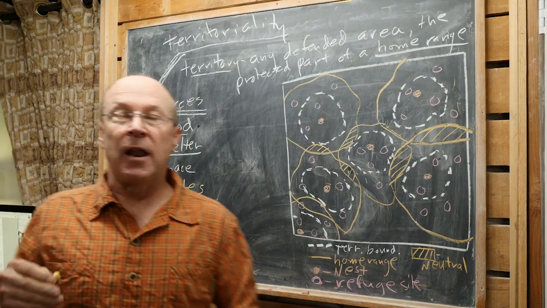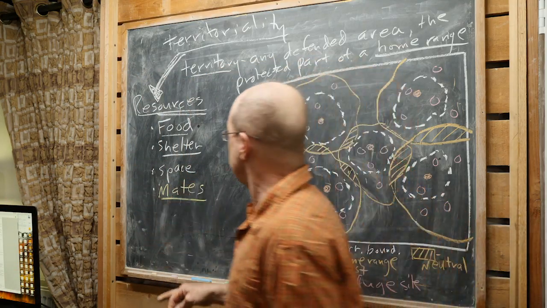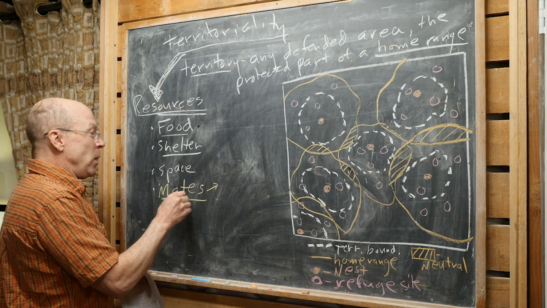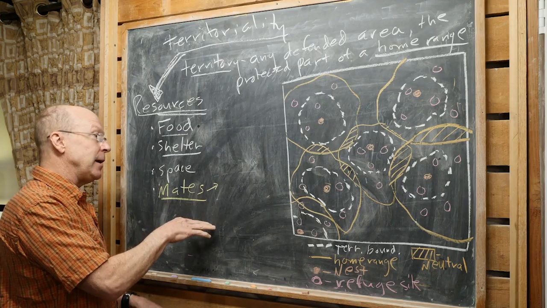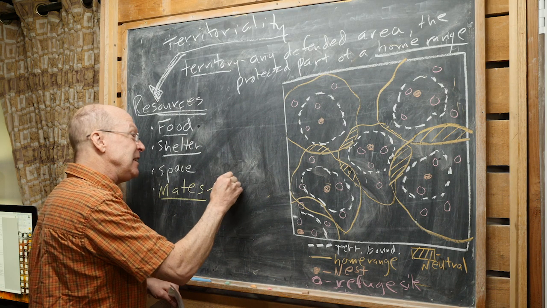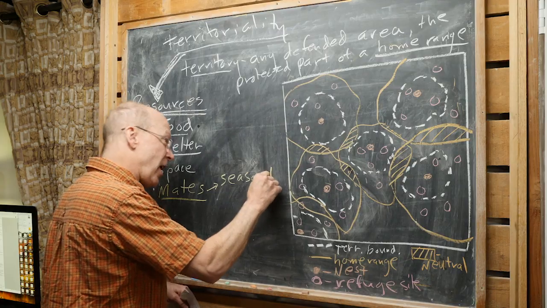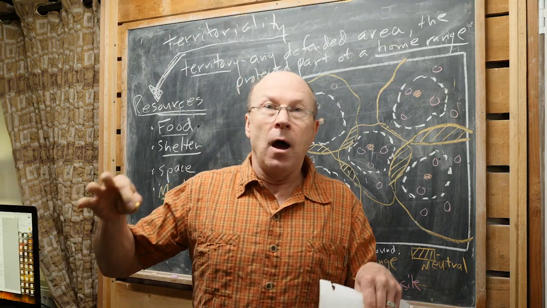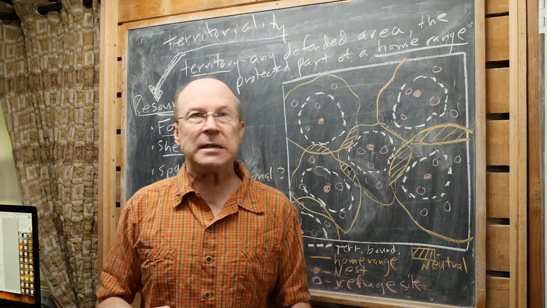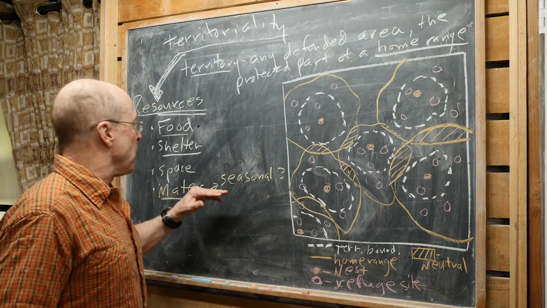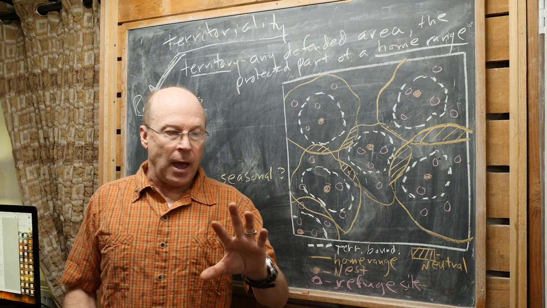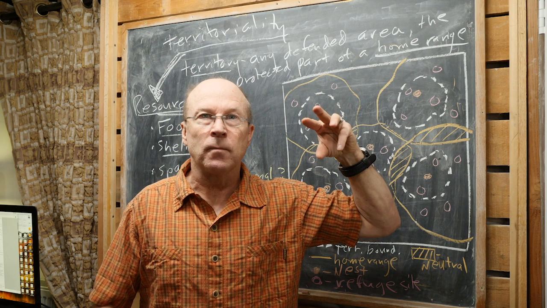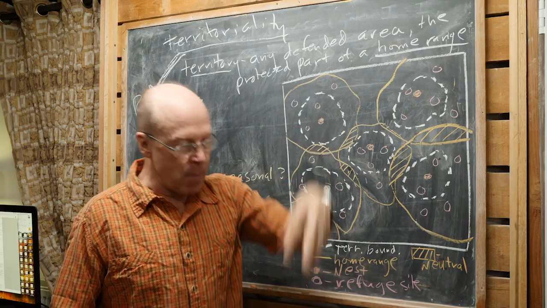Now, the reason that I've put mates in a separate color here is that mating could bring us into a more seasonal aspect, not necessarily, but seasonality plays into territoriality. Think about these birds that we've already been talking about. We have birds that are seasonal, and they are nesting up here in the northern hemisphere, and then they are migrating.